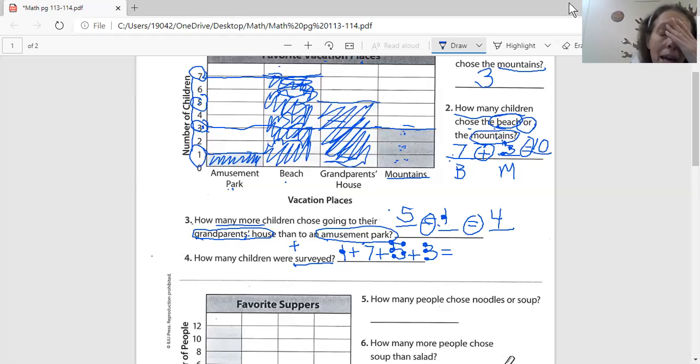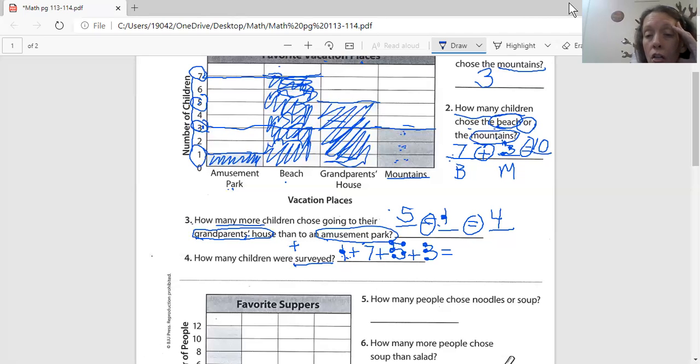I got 7 in my head. I don't have to count it out. I already have it. I just have to count on. That's where my touch points can help me keep track. Ready? 7, 8, 9, 10, 11, 12. Wait, we're not done.